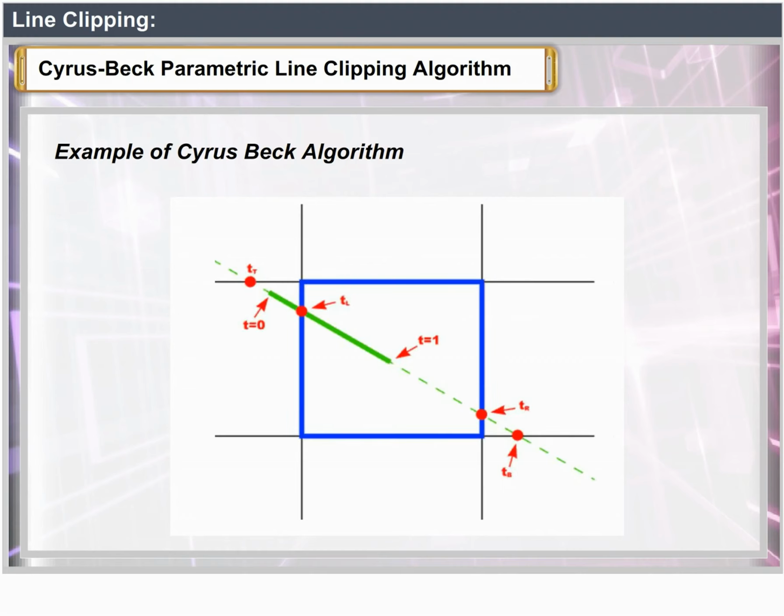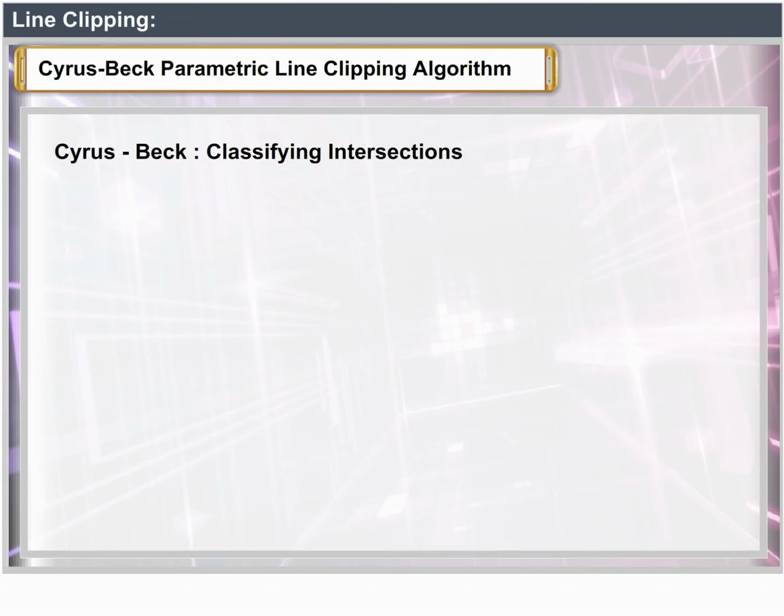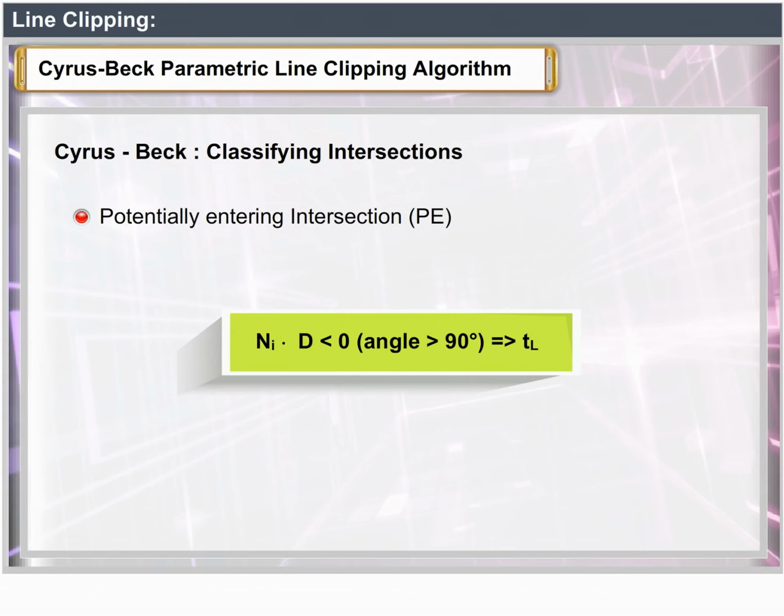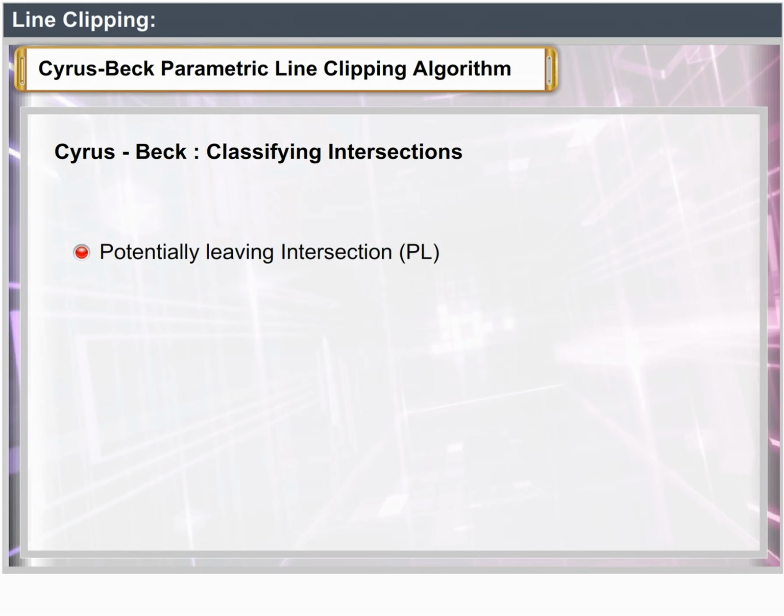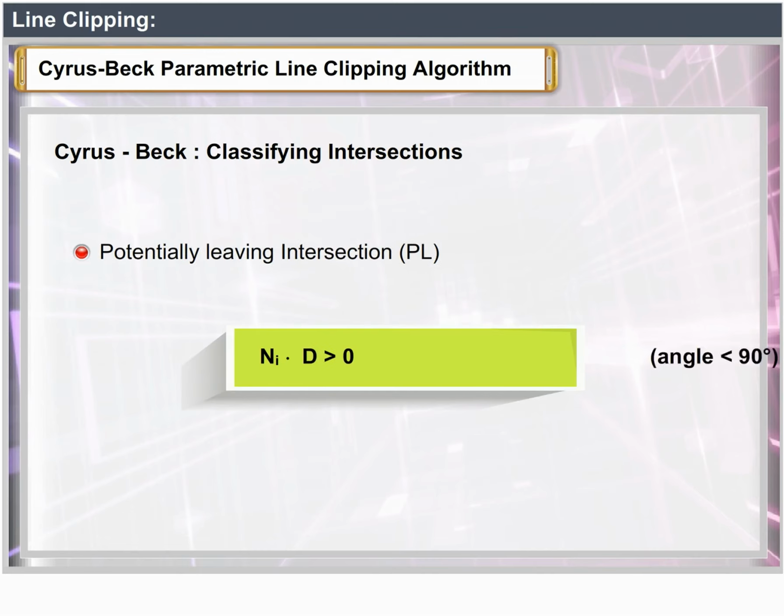Cyrus-Beck classifying intersections. Potentially entering intersection PE: Ni · d less than 0, angle greater than 90 degrees, implies TL. Potentially leaving intersection PL: Ni · d is greater than 0, angle less than 90 degrees, implies TT.